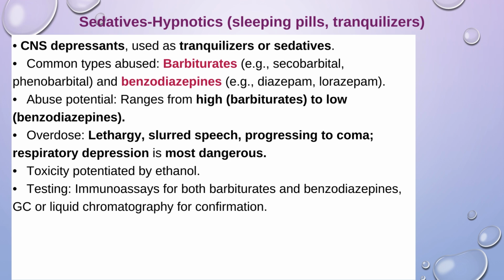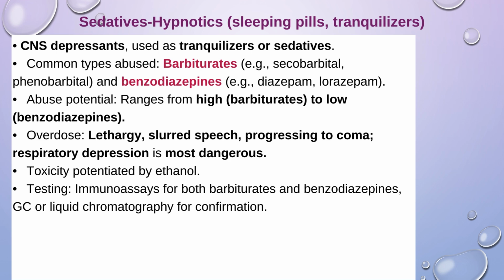So now let's go to the sleeping pills, the tranquilizers, or the sedative hypnotics. CNS depressants depress the CNS, used as tranquilizers or for sedation. If you hear barbiturates and benzodiazepines, those are the things: secobarbital, phenobarbital, diazepam, your Valium, lorazepam, Xanax.